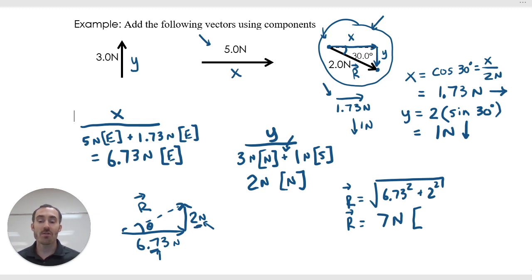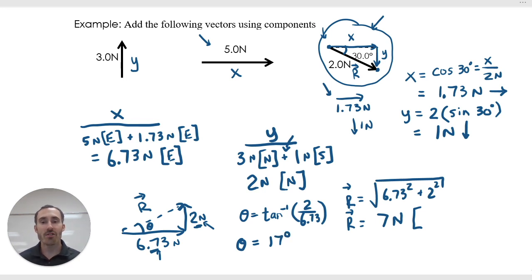And so we can use opposite over adjacent. We can use the inverse tan to figure out what that angle is. So the angle we're looking for is the inverse tan of opposite, which is 2, over adjacent, which is 6.73. And so the angle that we get is 17 degrees.